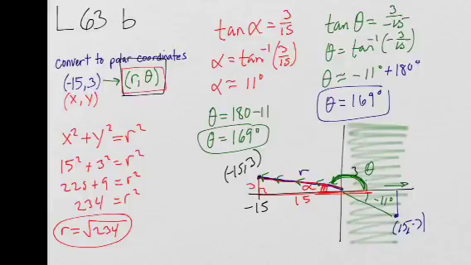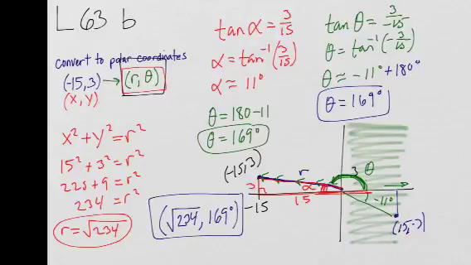Okay, so we found our r and our theta, we'll plug them in and write them down. Square root 234, comma 169. Again, I rounded the angle and I refused to round my square root. I'm putting it in decimal form. The book does the opposite, so just keep that in mind.